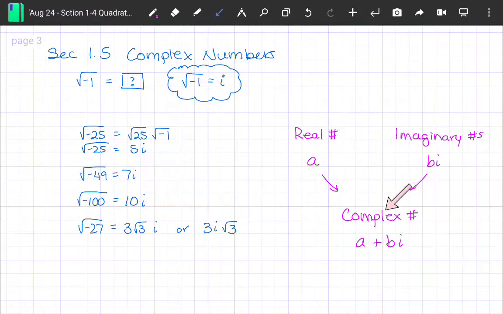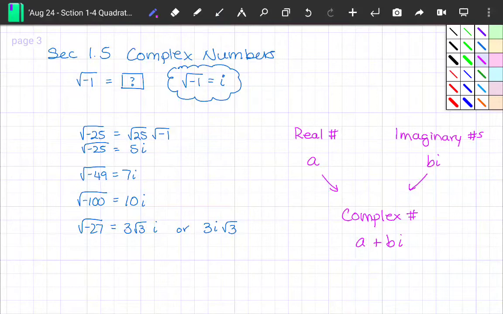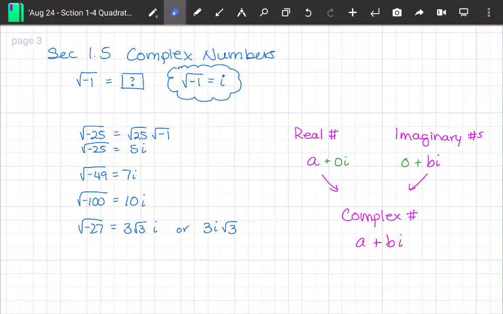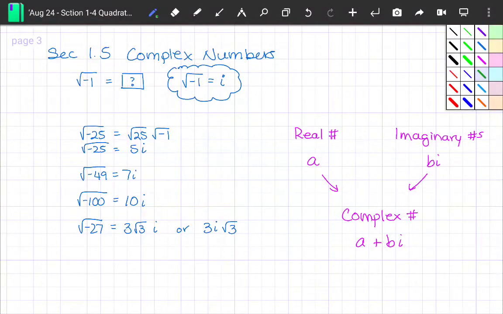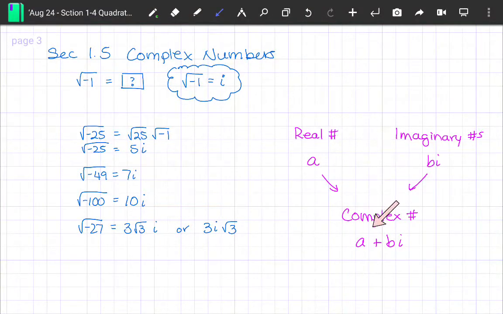Now, all real numbers you can think of as complex numbers, believe it or not, because I can just put a 0i right there, and now I've made it look like a complex number. And the imaginary numbers, I could say 0 plus bi and say that's a complex number. So all real numbers are complex numbers.